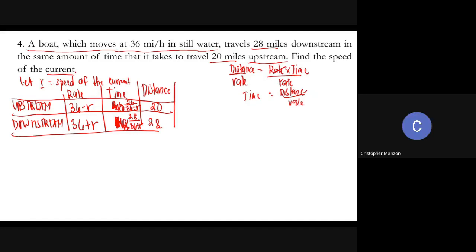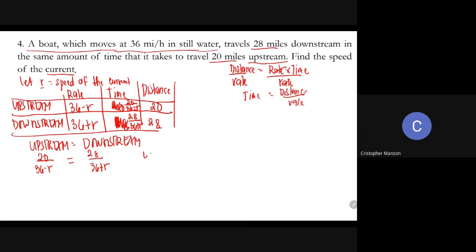So, ibig sabihin ngayon, yung upstream natin ay kaparehas lang din siya ng downstream. Kasi, magkaiba lang sila noong distance na tinravel kasi nga, yung isa with the water, yung isa naman is against the water. Ang upstream natin ay 20 over 36 minus R, which is equal to 28 over 36 plus R.